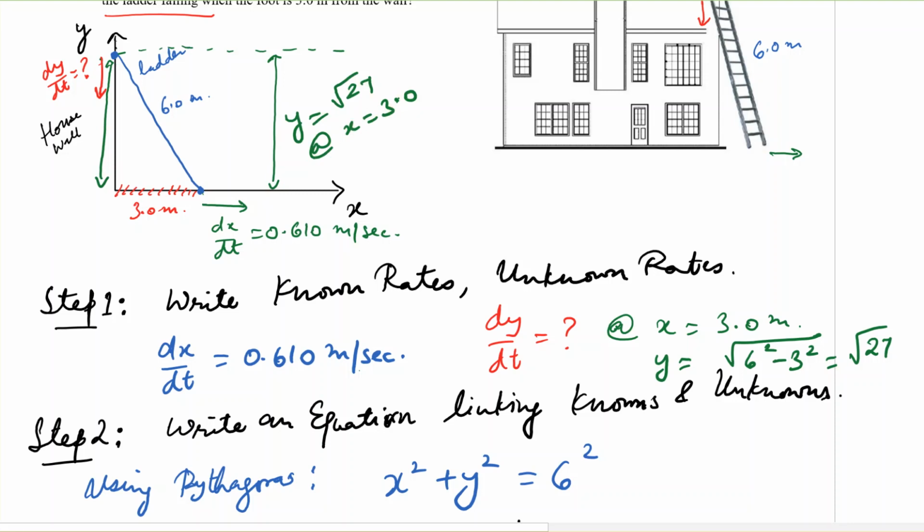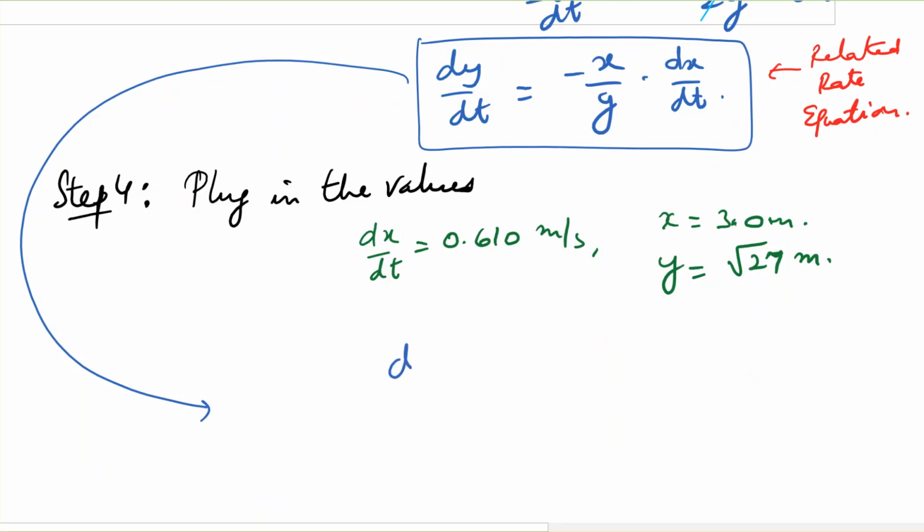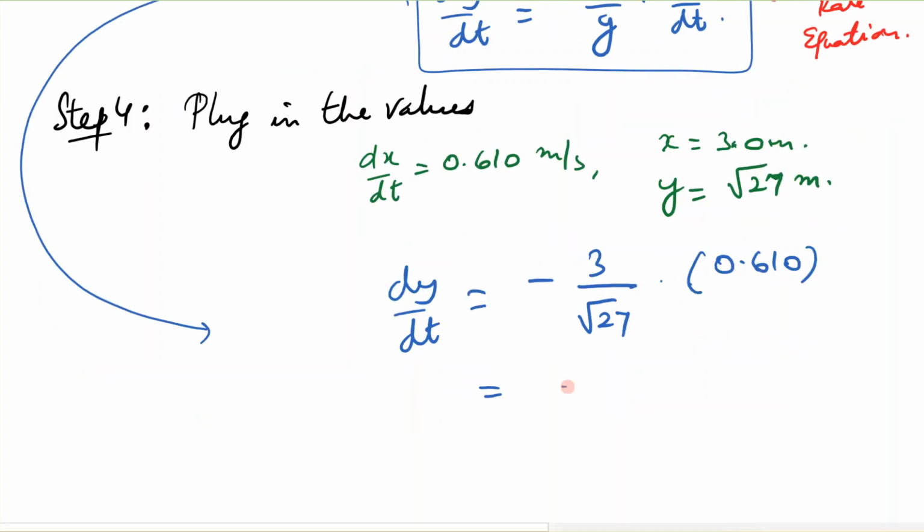So this gives us all the values that we need to plug into the final equation. Putting all the values here, we get dy over dt equals negative 3 over the square root of 27 times 0.610, which is equal to negative 0.352 meters per second.